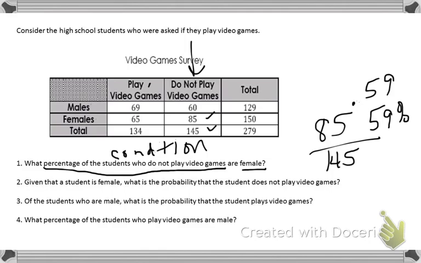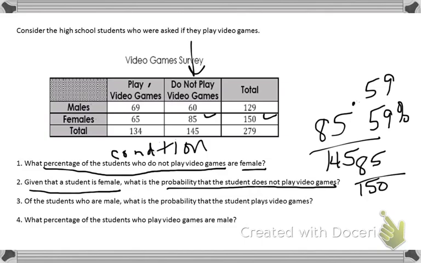All right, number 2. Given that a student is female. So, let me erase what I did before. Given that a student is female, there's 150 of them. What is the probability the student does not play video games? Female, not. So 85 divided by 150. Now, when it says probability, sometimes it wants you to leave it as a fraction.